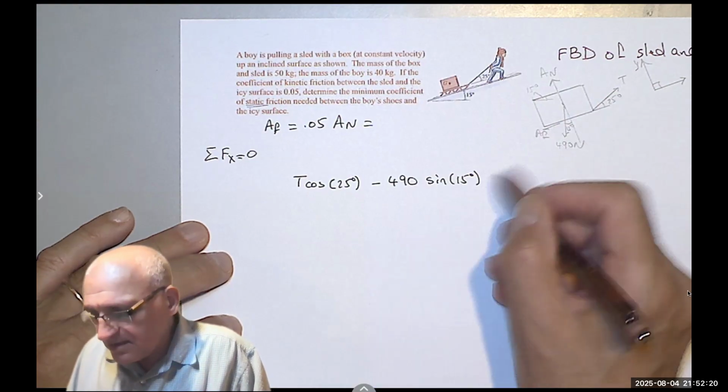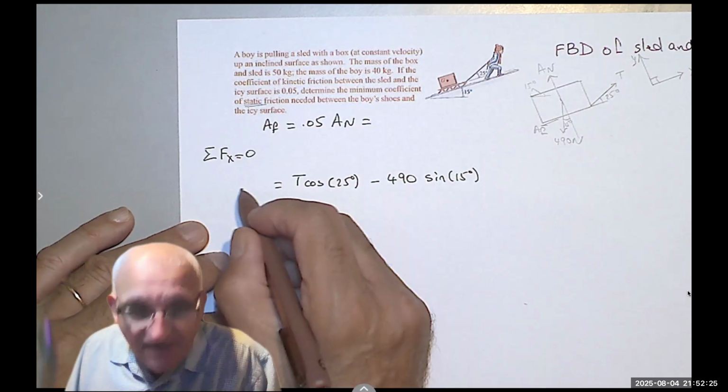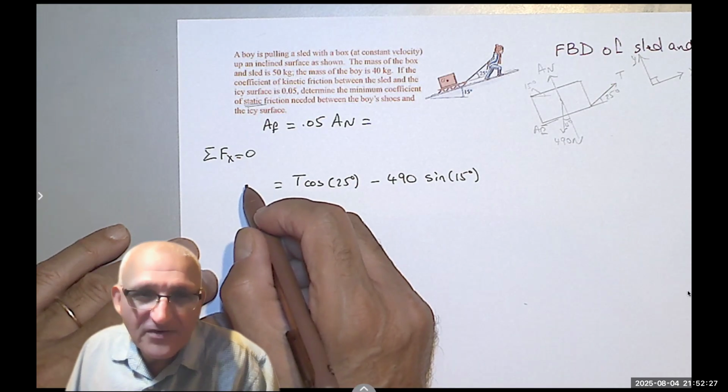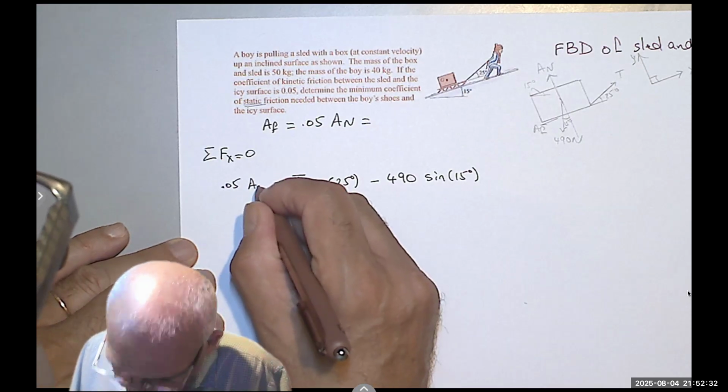So instead of saying minus A sub f equals 0 and then moving A sub f to the other side, I can write A sub f on the left-hand side, or better even, write it as 0.05 A sub n equals that.